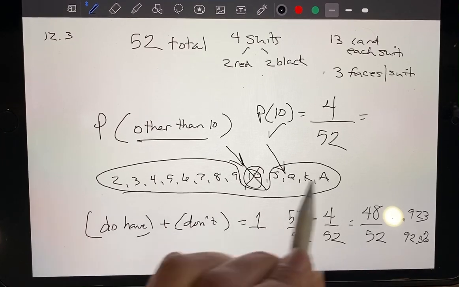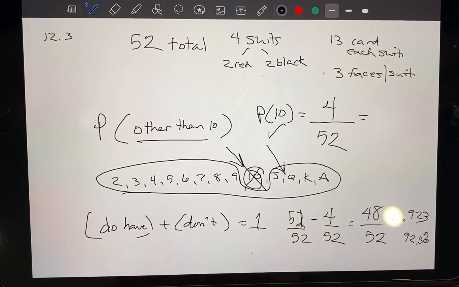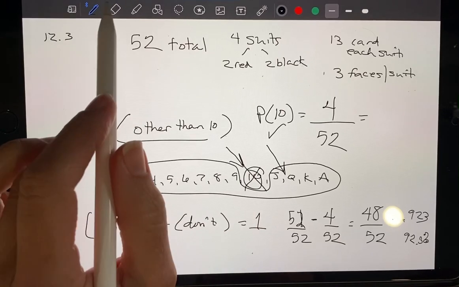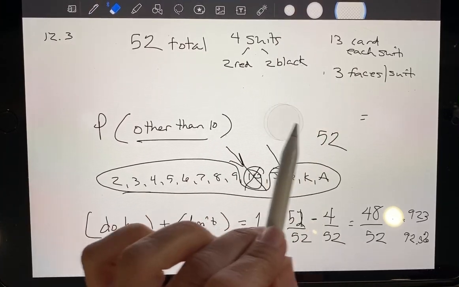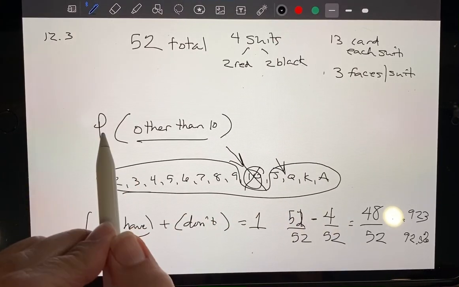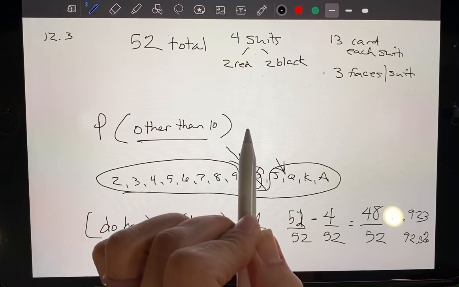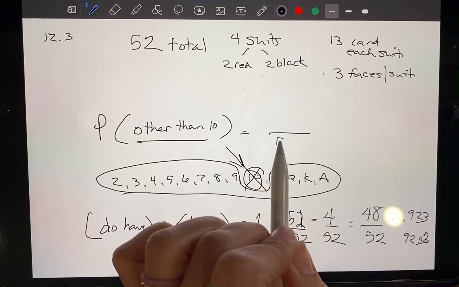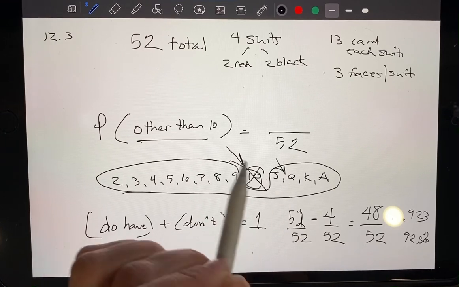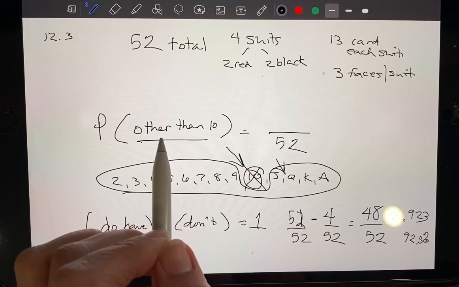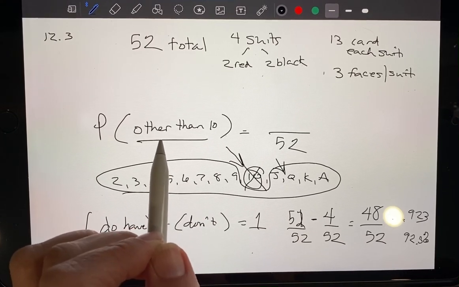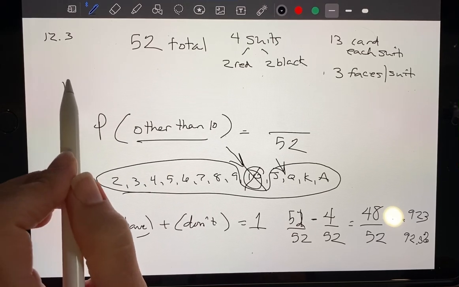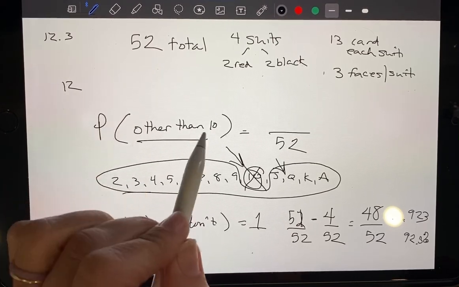Now, that's one way. We could think of it initially when you are back at the beginning without doing it in the inverse and say the probability of a card other than 10, knowing that we have 52 cards total, how many cards are not a 10? Well, there's 12 cards in each suit that are not a 10.